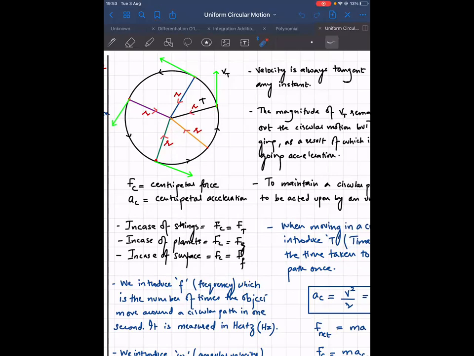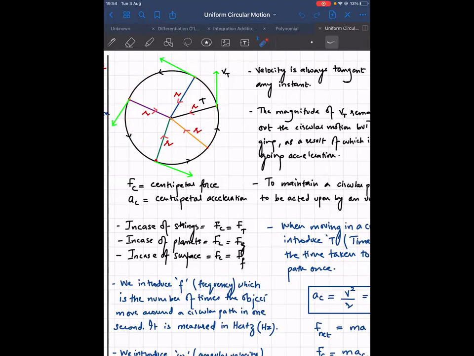Now I have drawn how the motion of this ball is going to look. It's a circular motion, and of course, if I'm making it go around in a circle, I'm going to be at the center point.